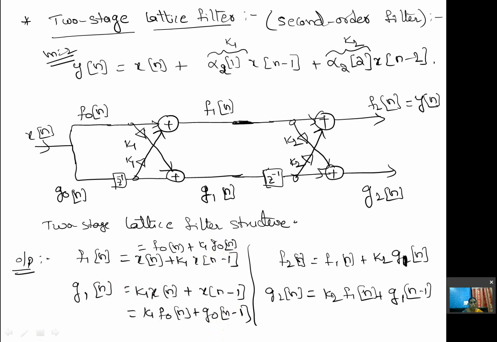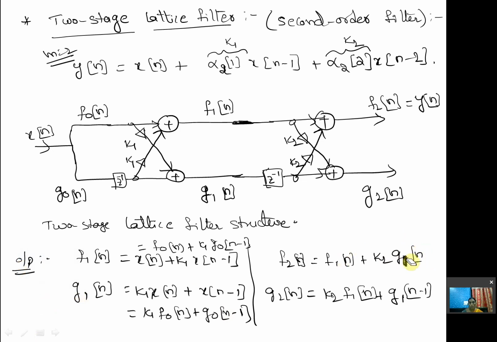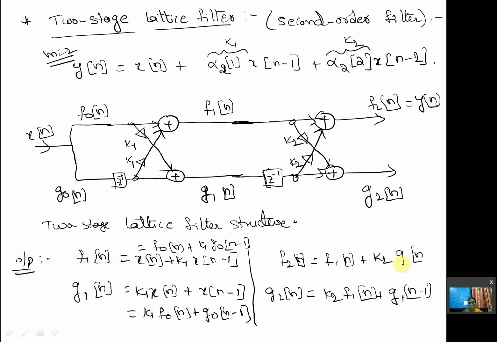K1 here also G0 of n minus 1. Am I correct? Right. Okay, here also K2 G1 of n minus 1.